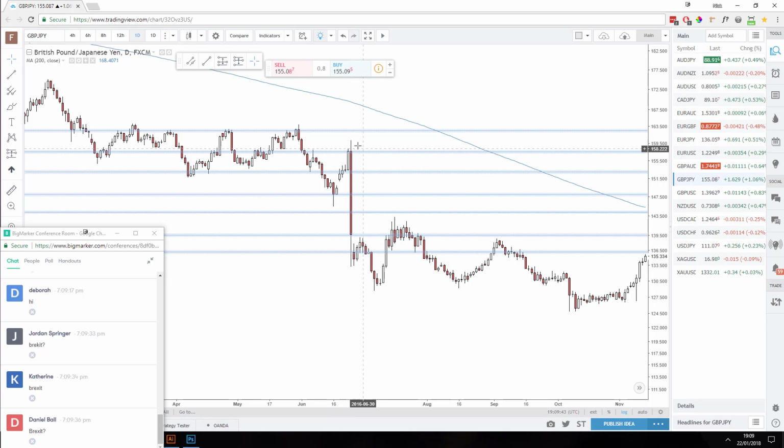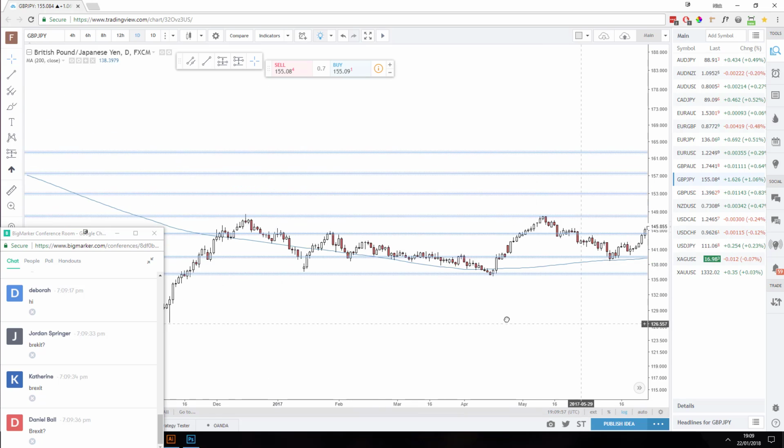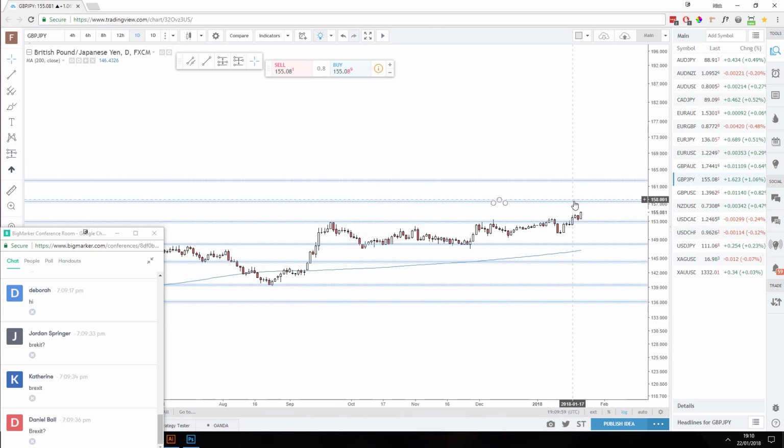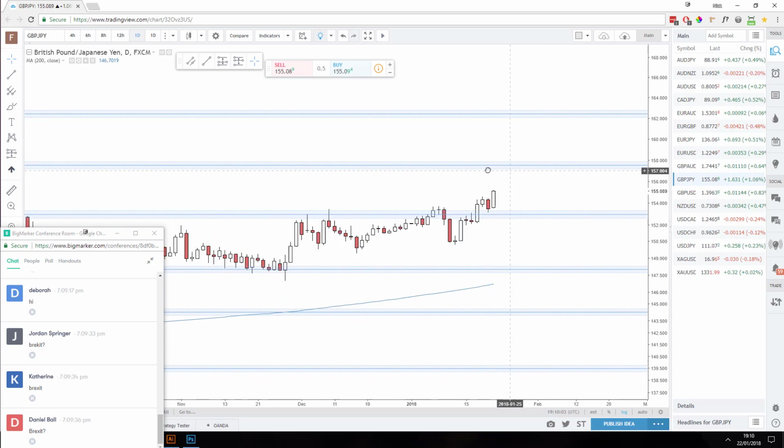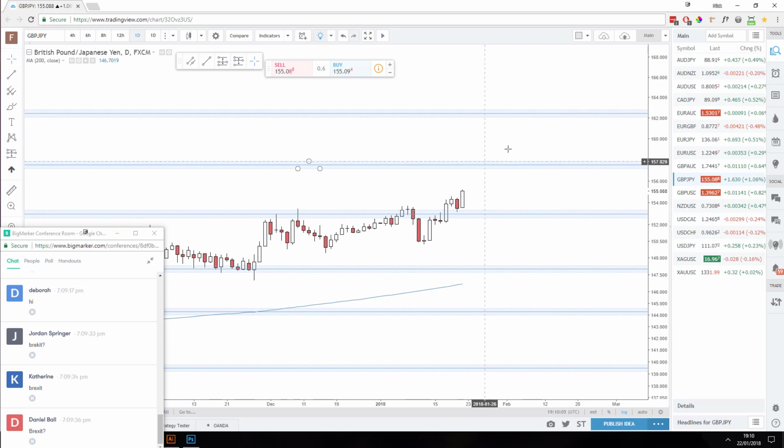So this was that high before Brexit. It was the body high, not the wick high. The wick high was a bit higher, but the bodies are usually where price stalls. So this was the high pre-Brexit, just a few days before it all came crashing down. The pound is finally recovering a little bit, so once it approaches this high again, I see this as a significant point. 157.50, be looking for a potential short there.